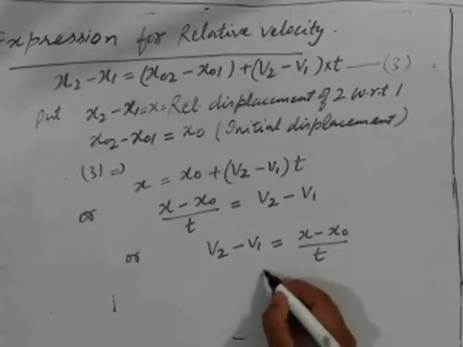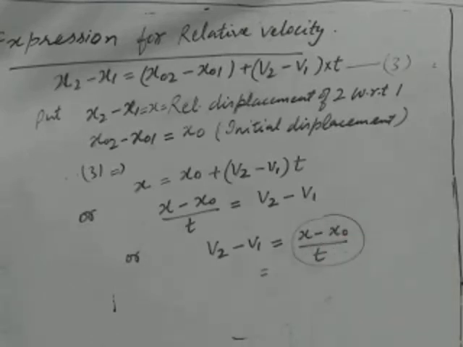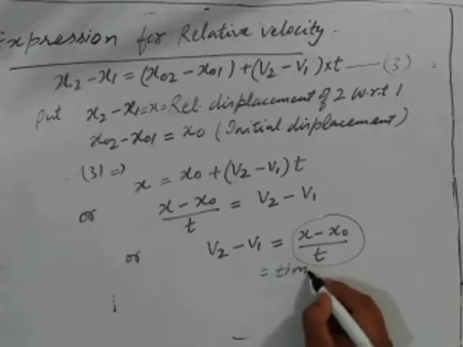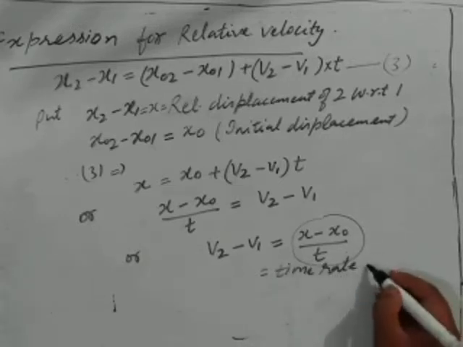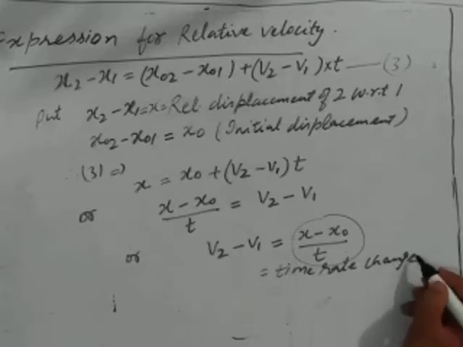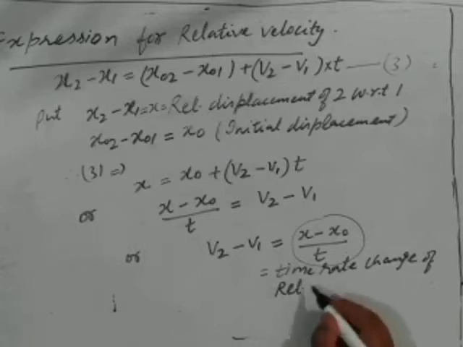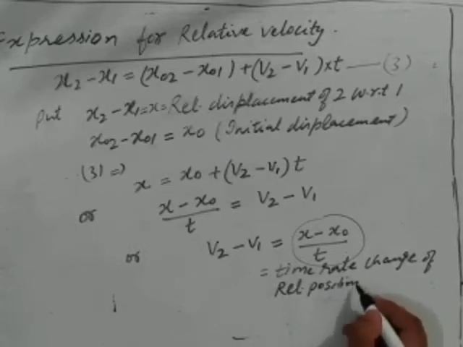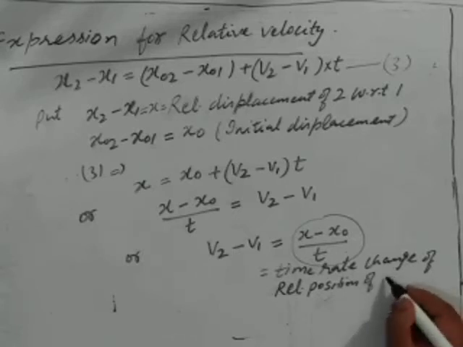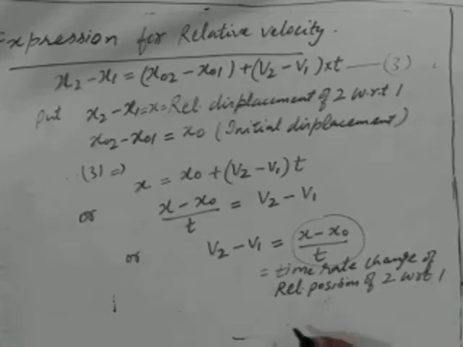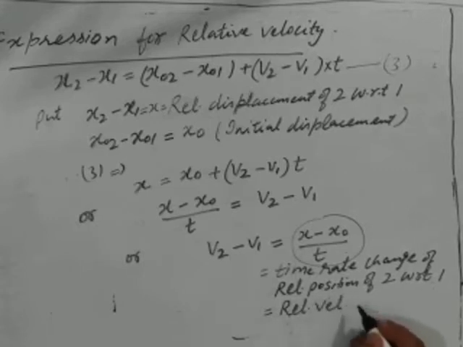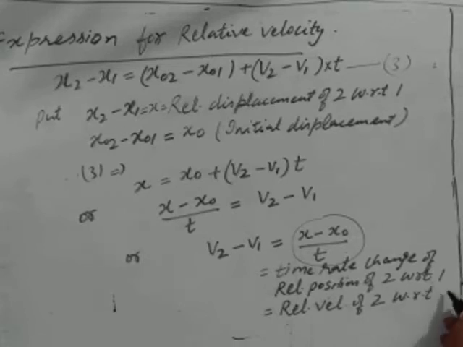But right hand side of the equation is equivalent to the time rate of change of relative position of 2 with respect to 1, that is equivalent to relative velocity of 2 with respect to 1.